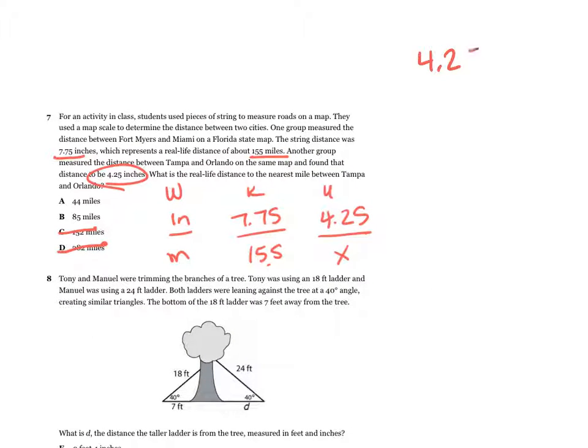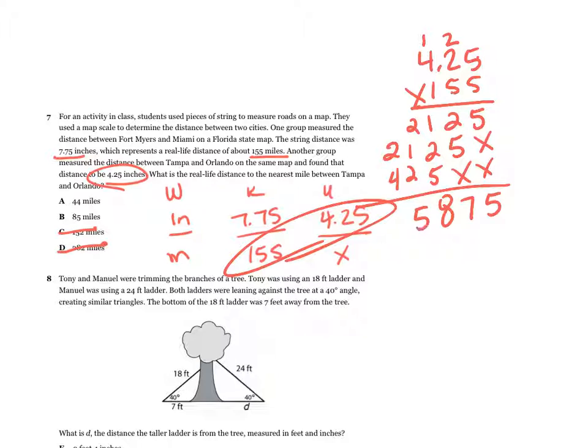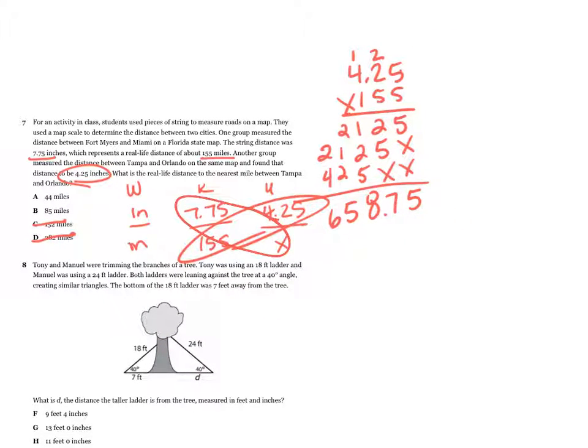So 4.25 times 155. That gives us 658.75. So 7.75x equals 658.75.